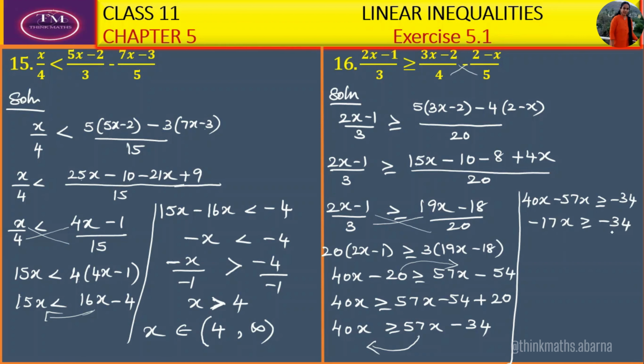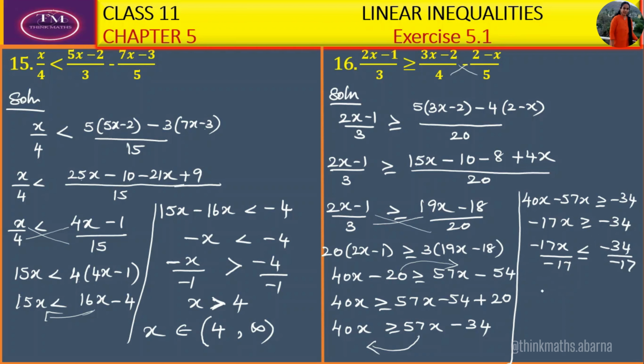As we have negative on both sides, we should divide by negative to remove this. We have to divide by minus 17. As we are dividing by a negative number, this greater than or equal to will become less than or equal to.